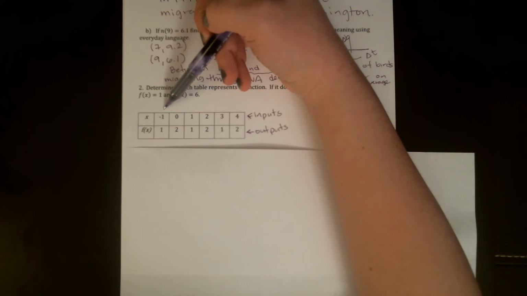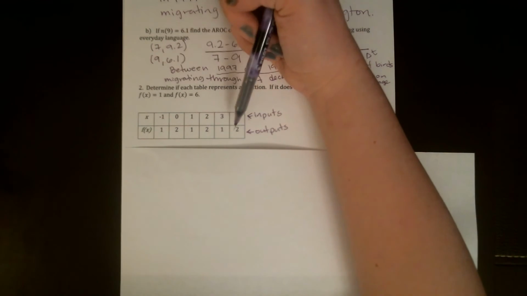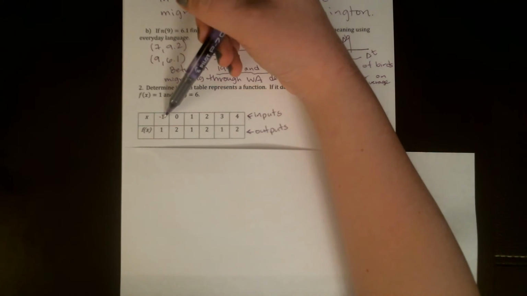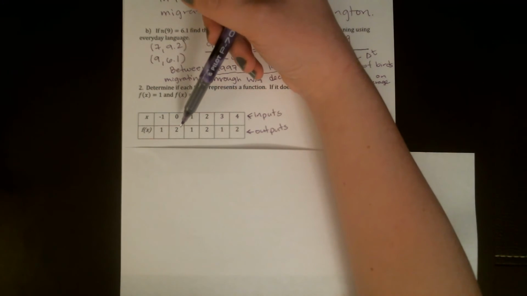So if I pick an input, say -1, I want to check and see if I get exactly one output. So when I plug in -1, the table tells me that I get out a 1, and I don't see any other values, so that was exactly 1. If I plug in -1, I get exactly one output, +1. If I plug in 0, I get exactly one output, 2.